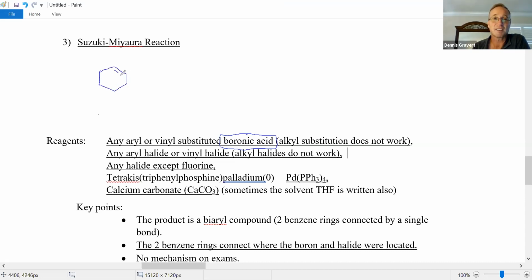It's going to be boron, and it's going to be a benzene ring that's also called the aryl group. You could also have a vinyl group, carbon-carbon double bond, or a benzene ring, aryl, and then you connect it to boronic acid, which is boron with 2 OH groups. Unsubstituted boronic acid has 3 OH groups.